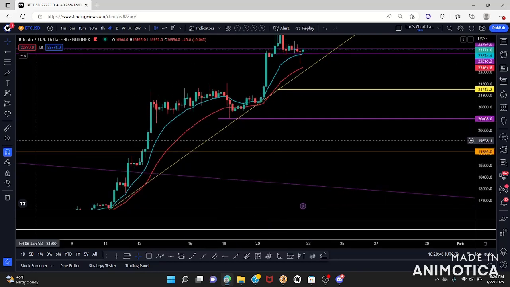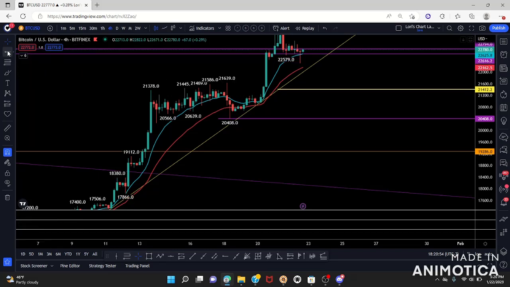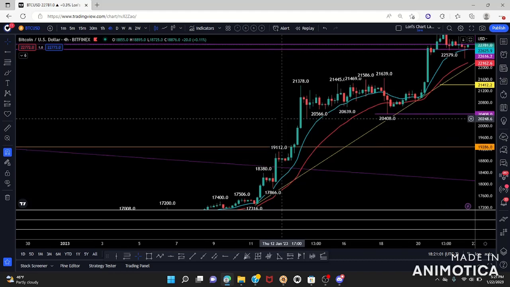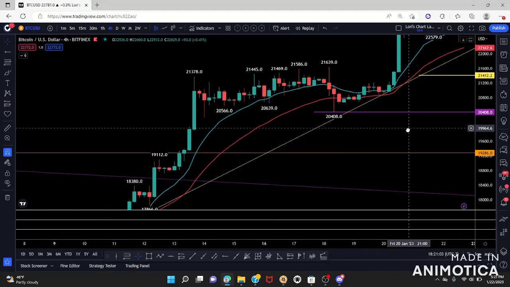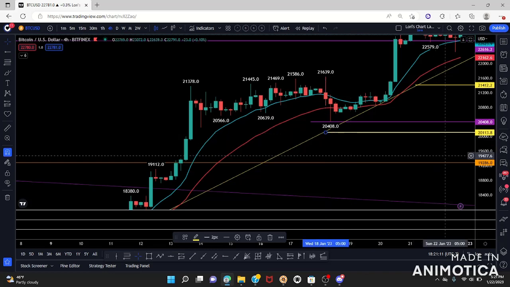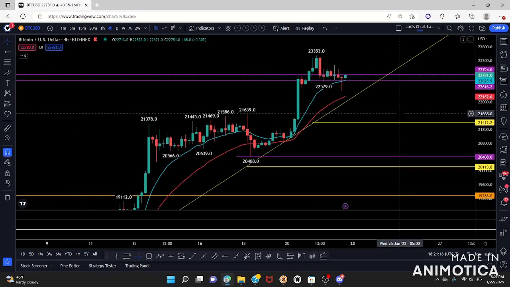And of course, if we continue to the downside, my next Joe target would be, let's see, pivot highs and lows. That's why I love my pivot highs and lows. It gives me exact price, because sometimes it's hard to visualize which wick is the highest price. So it looks like 21,639 was the highest price. So this would be my next Joe target. Wonderful.